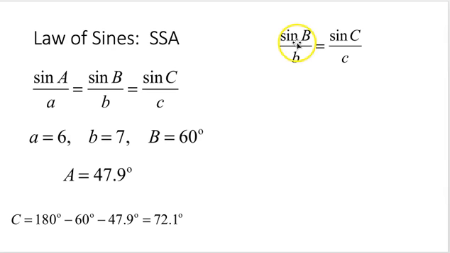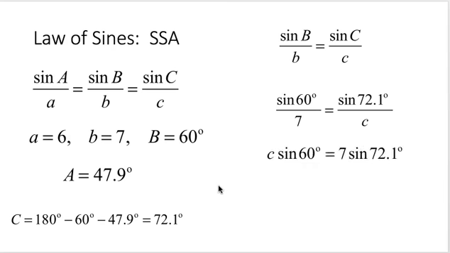And I have a choice. I could either use sine A over a or sine B over b. But since A was something I computed, B is a little safer to use. So we'll go with sine 60 over b, 7, is sine C, sine 72.1, over c. Then c times sine 60 is 7 times sine 72.1.